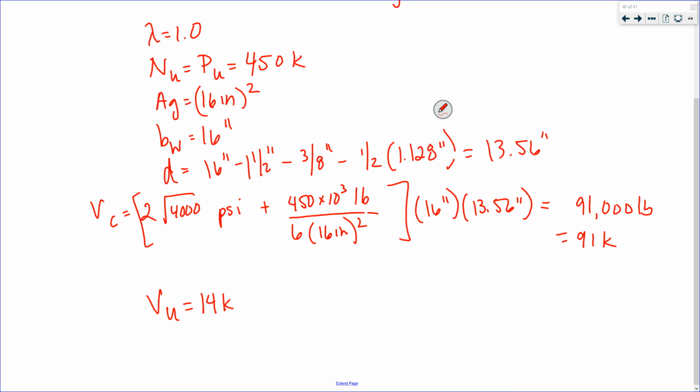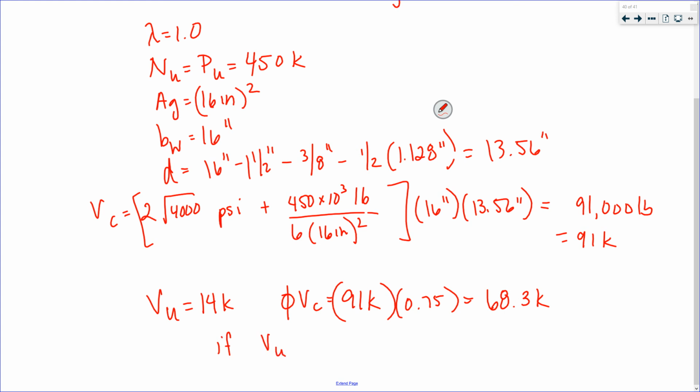Phi Vc is 91 kips times the phi for shear, which is 0.75, 68.3 kips.